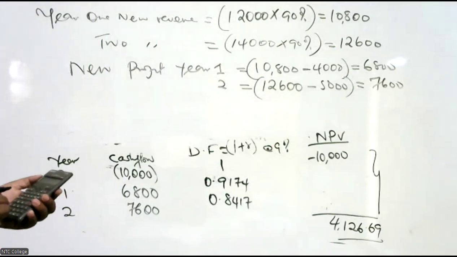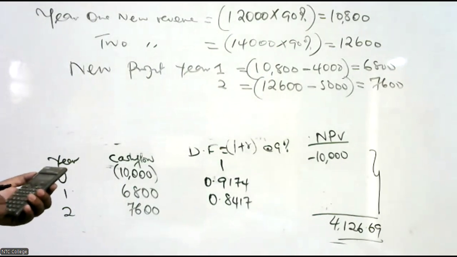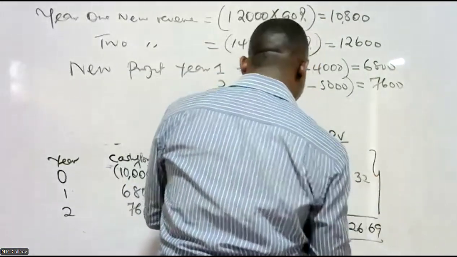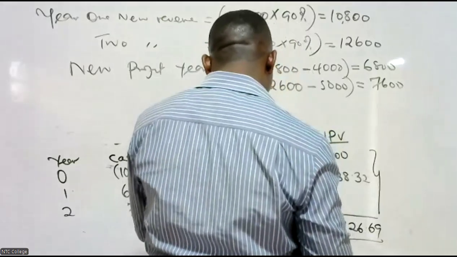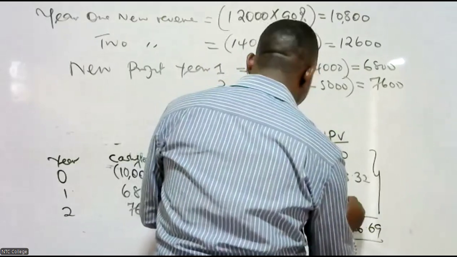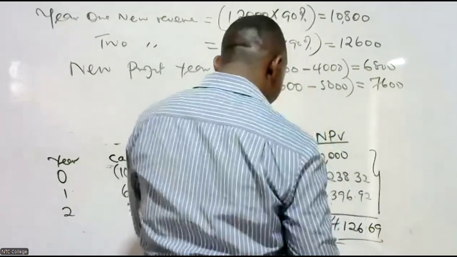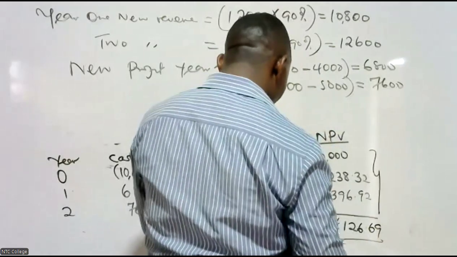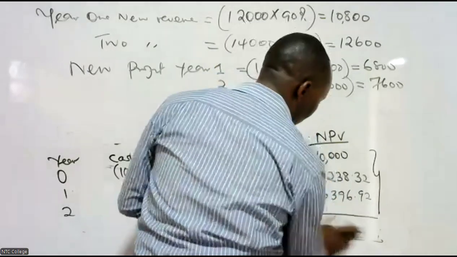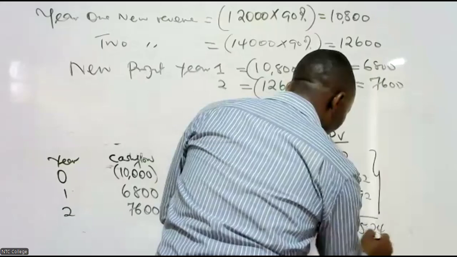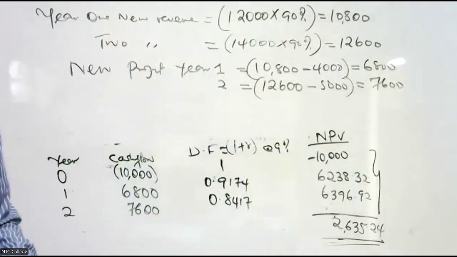So 0.9174 times 6,800, 6,238.32. 0.8417 times 7,600. So we get 2,635.24. That is a new NPV.